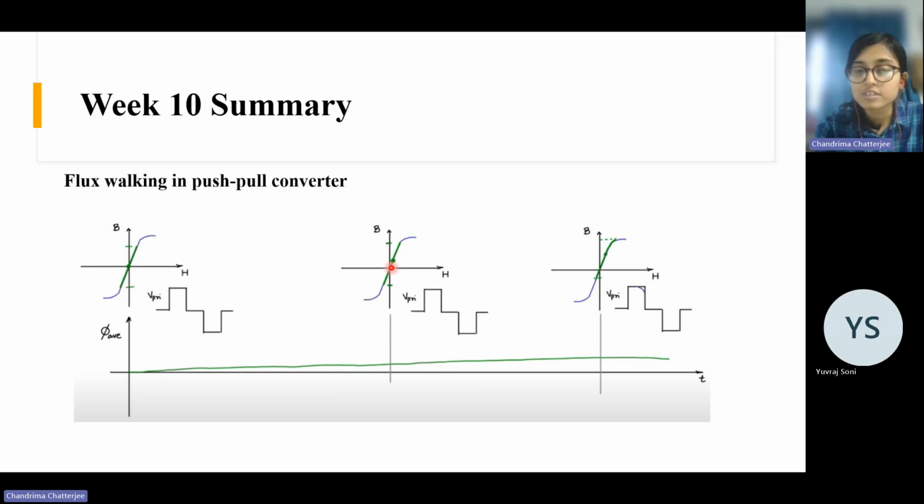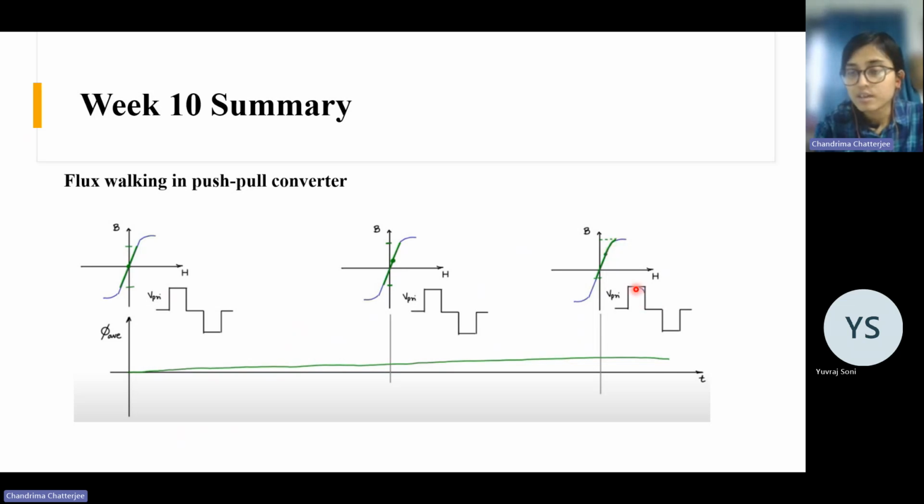So you see now the average of flux is no longer 0. It has some definite value. And here again the flux has significant average value. So now like this, and it goes towards the saturation, right? And as it goes towards the saturation, the slope of phi has been reduced.